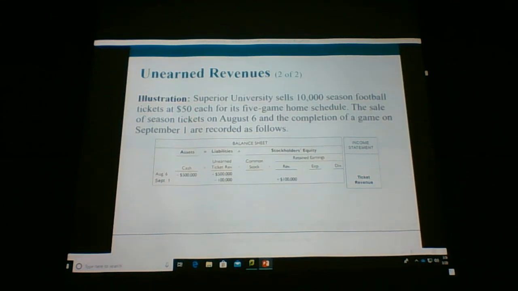So now we have earned $100,000. We haven't earned $500,000. We've earned $100,000. So we would recognize that $100,000 on the income statement as $100,000 in revenue, okay? And we would reduce our liability.